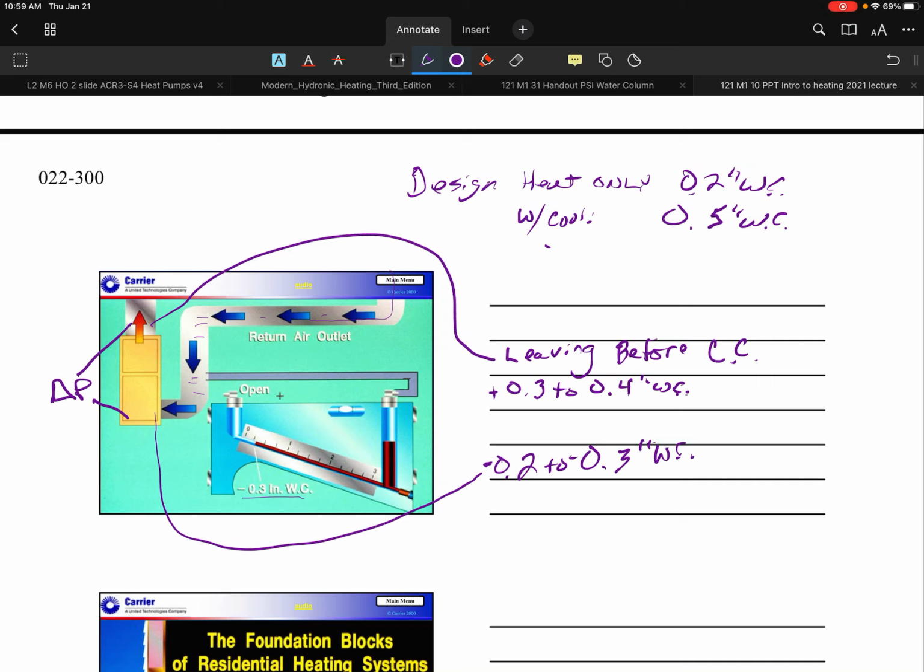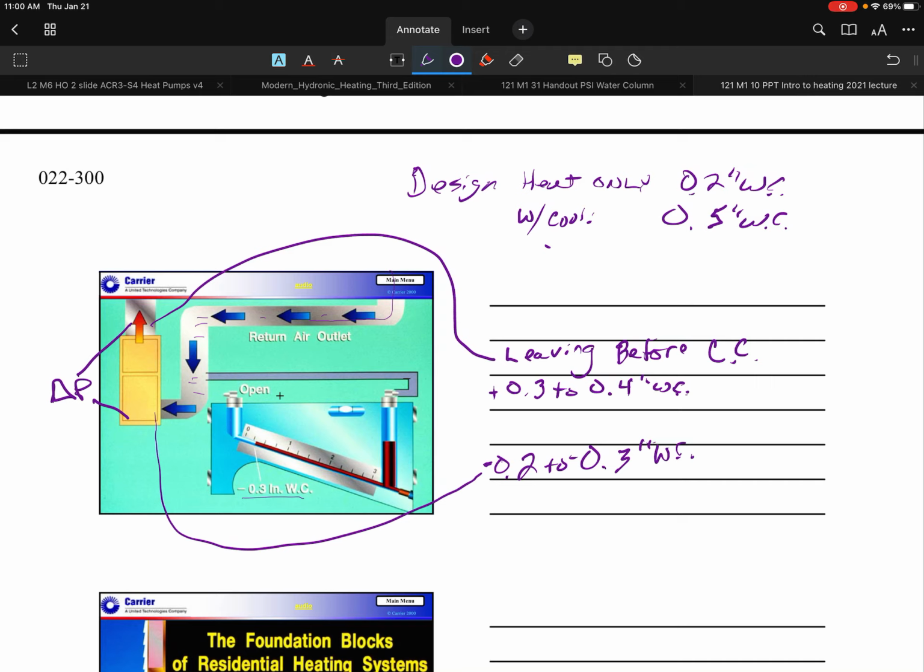Now, what's interesting about that is that all of the tables are designed around that. All of the tables are built around a 0.5 inch water column. So when you look at a lot of the tables, they're giving you an appropriate CFM, assuming you're going to have 0.5 inch of water column.